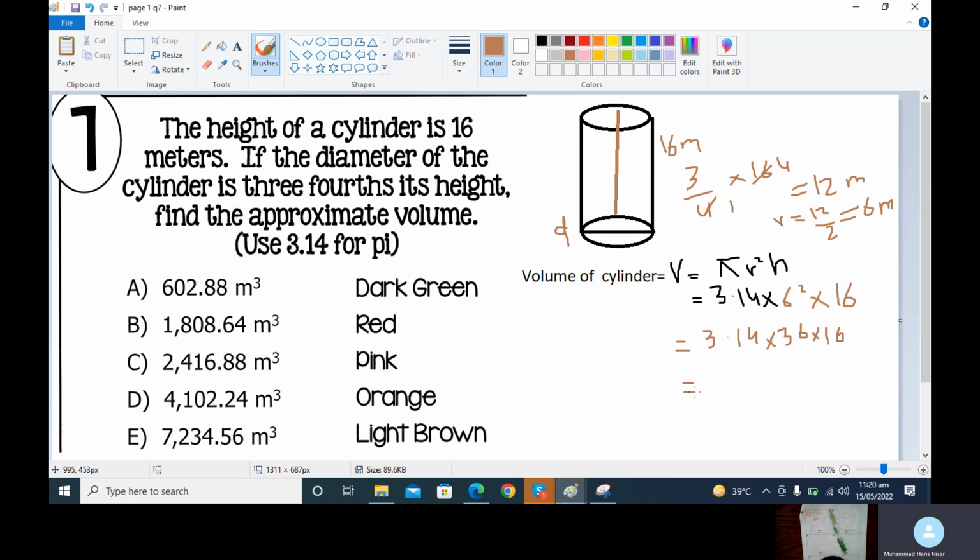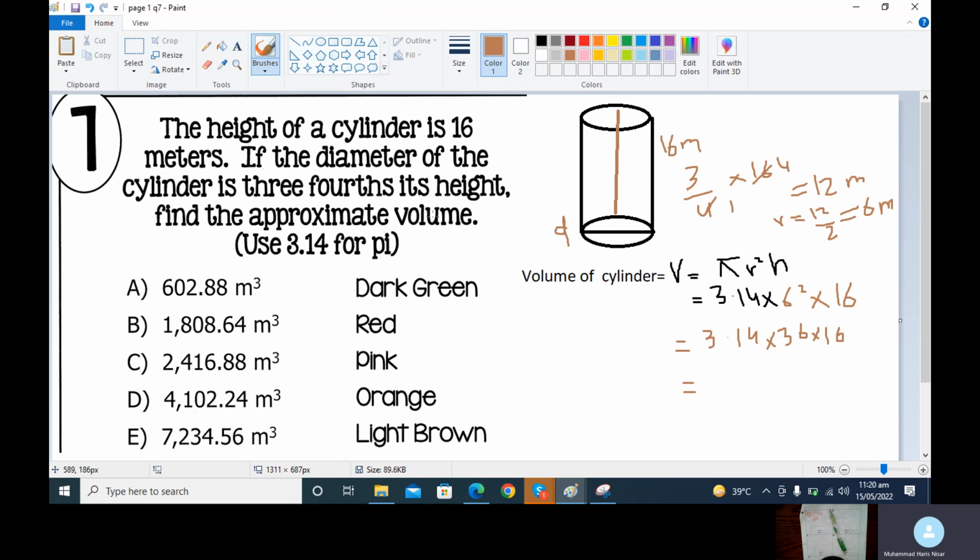I repeat all the steps. First of all, read this question carefully. The height of a cylinder is 16 meters. If the diameter of the cylinder is 3/4 its height, find the approximate volume. So you need to find the volume, and obviously the shape is a cylinder.